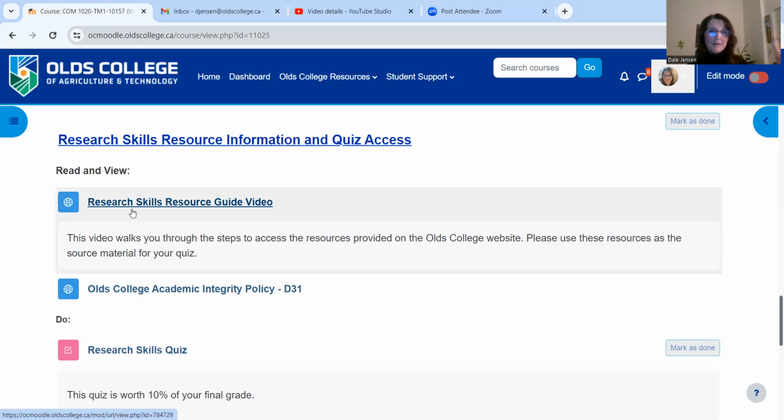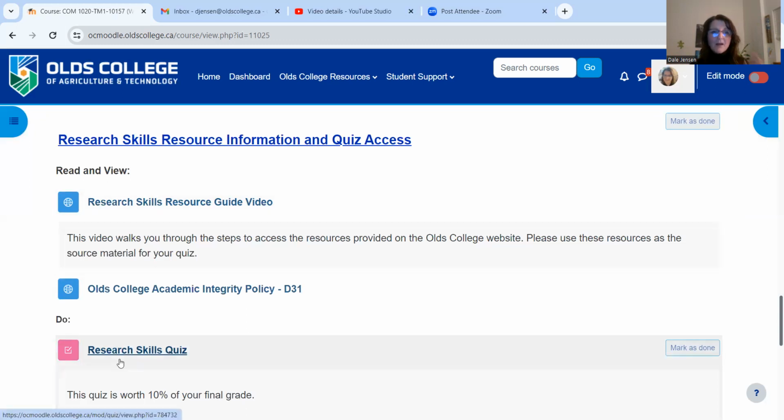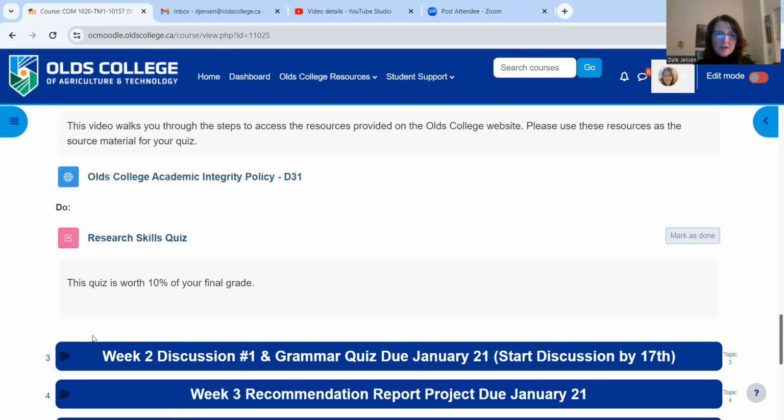And if I was you, I would have those resources open in one tab, and then in the other tab, I would open up the research skills quiz, because I am expecting that you are going to use that information from those resources that I've given you and answer those questions. So that's how that goes. It usually takes about an hour, actually. So this is pretty light in the workload department. There isn't a time limit. It's just that's how long it ordinarily takes people as they work through it.